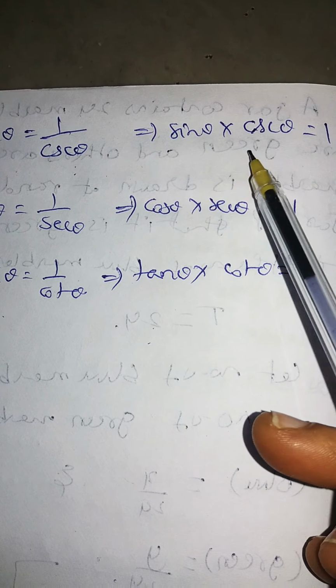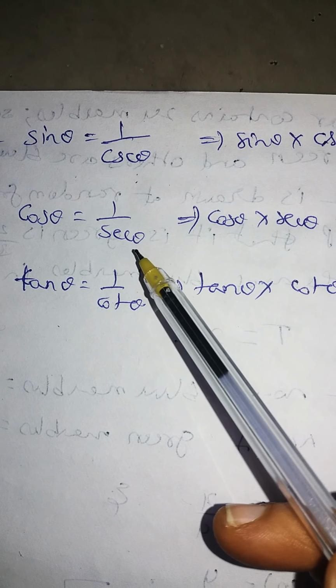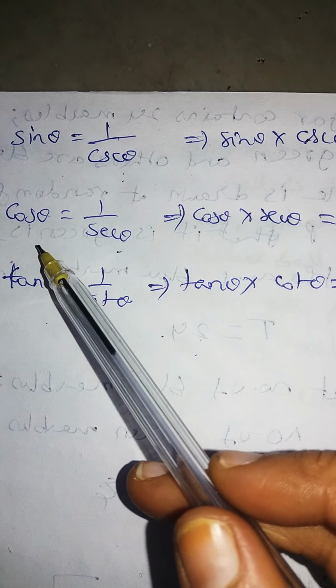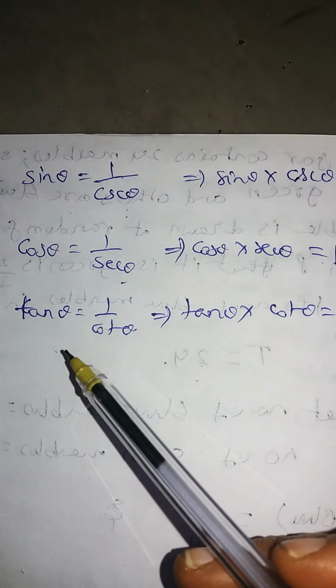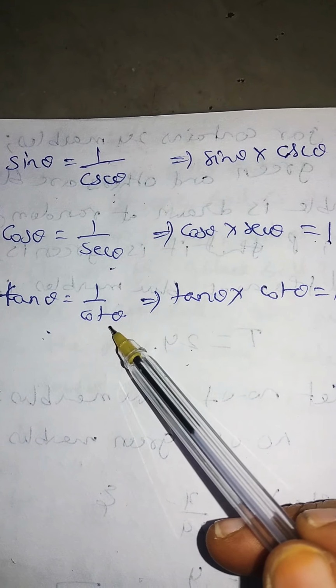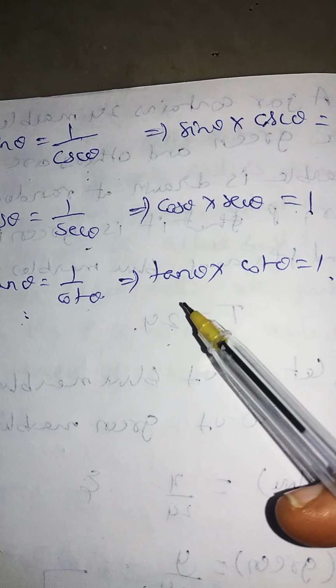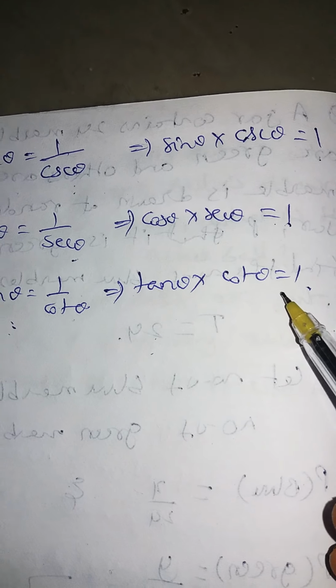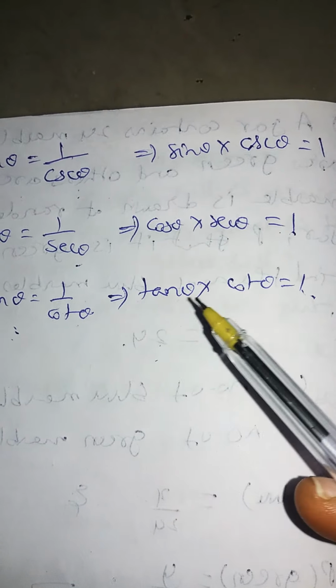That is, sin theta is equal to 1 by cosec theta, or cosecant theta is equal to 1 by sin theta. The product of sin theta and cosecant theta is 1. Cos theta is 1 by sec theta, or sec theta is 1 by cos theta. The product of cos and secant theta is equal to 1. Similarly, tan theta is 1 by cot theta, or cot theta is equal to 1 by tan theta. That is, tan theta into cot theta is equal to 1. These are multiplicative inverses of each other.